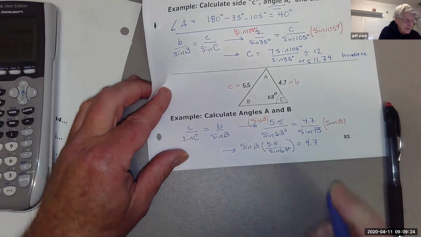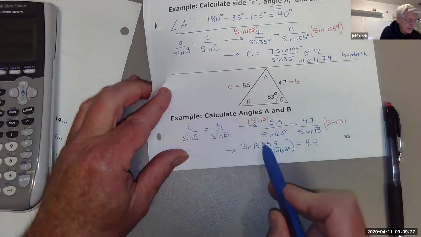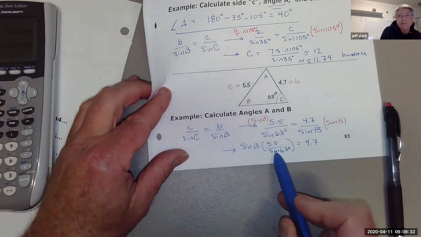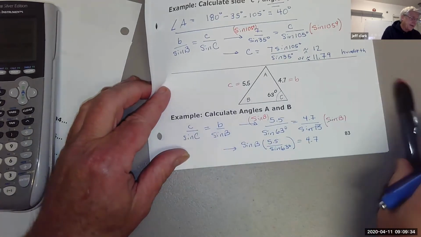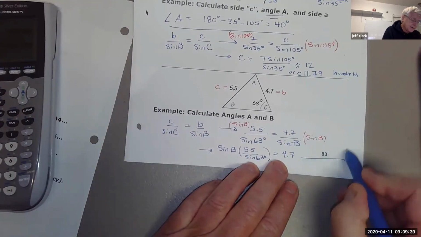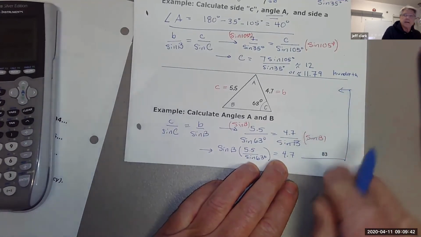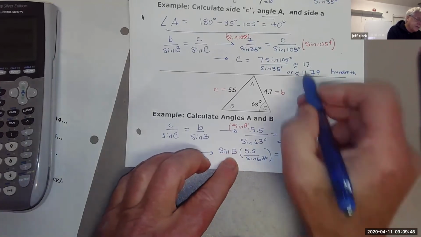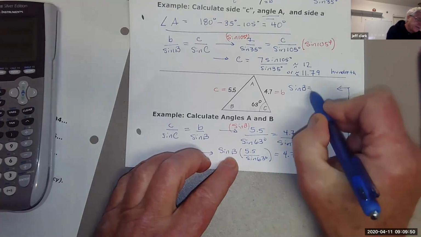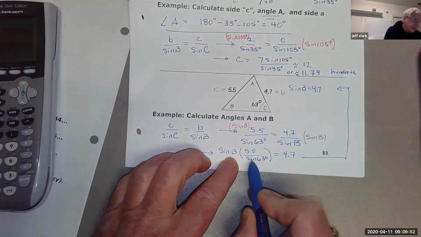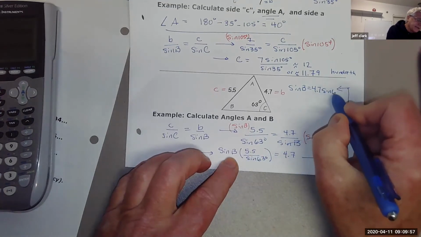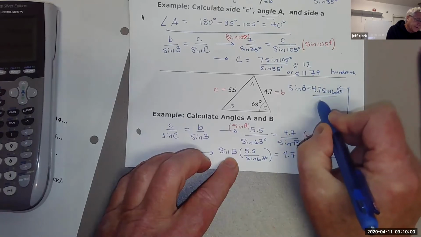Now all I have to do to get the sine B by itself is multiply the reciprocal of this to both sides, because these are just two numbers. So ultimately I'm going to end up having, let's see if I can do this up here, sine B is equal to, I got a 4.7 already, and multiplying the reciprocal over to this side, I end up having sine 63 degrees all over 5.5.